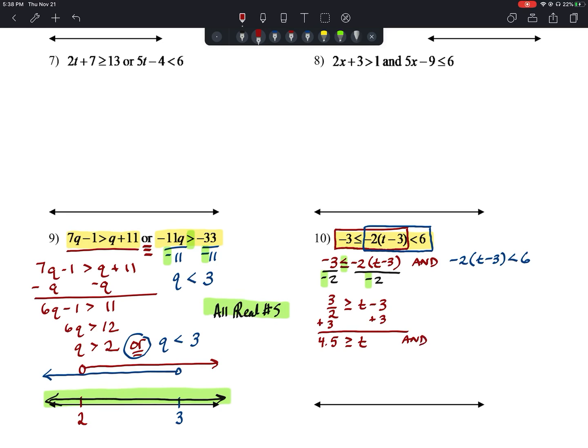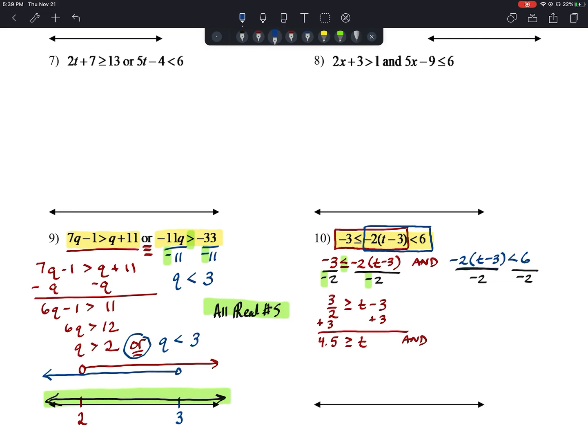And on the other side, when we're working through this inequality, since on the other one we divided both sides by negative 2 and flipped it, you would have to do the same thing here. You could also distribute through on this one as well. Oops, let me switch colors so I'm being consistent there. There we go. I'm going to divide each side by negative 2. I don't know why I made it one big fraction bar.